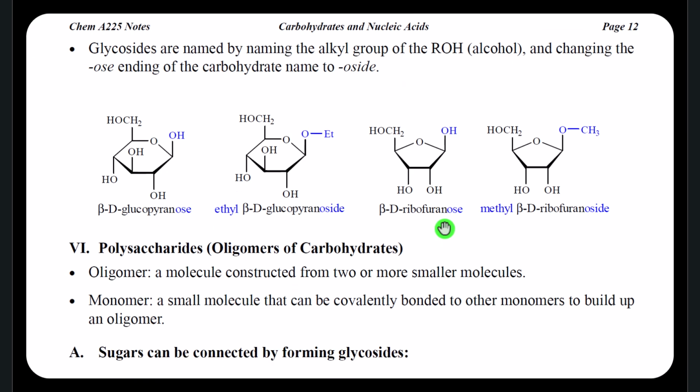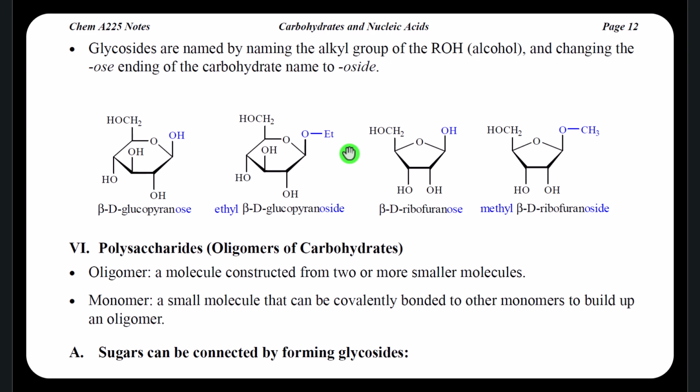Glycosides can also be named, which can be useful if we're using them as chemical reagents or otherwise. To name a glycoside, we first need to consider that in the structure of the glycoside, we have a sugar piece connected by an oxygen to a carbon group.